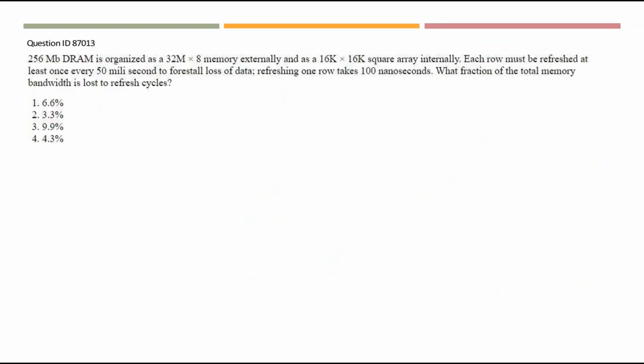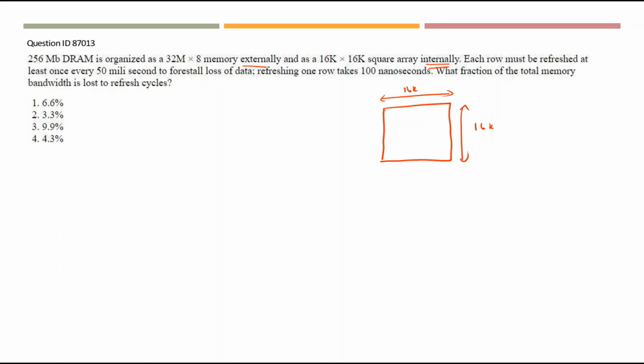Next question. 256 MB dynamic RAM is organized as a 32M into 8 memory externally and as a 16K into 16K square array internally. Just take a square. You have 16K this side and 16K this side. This is externally and this is internally.